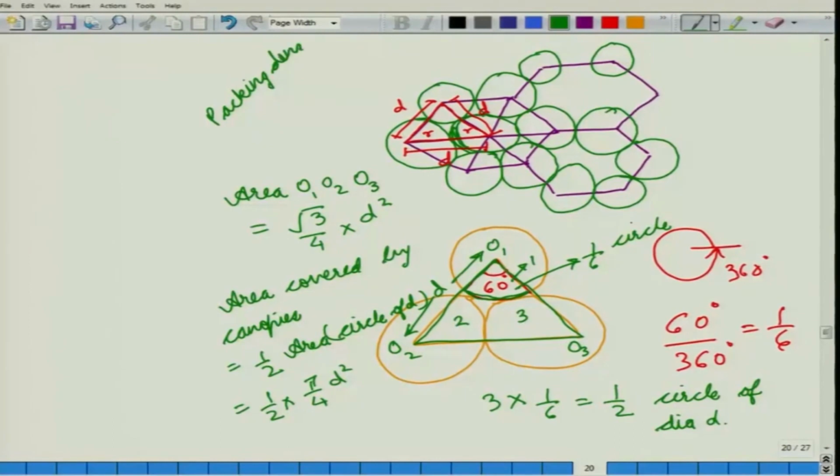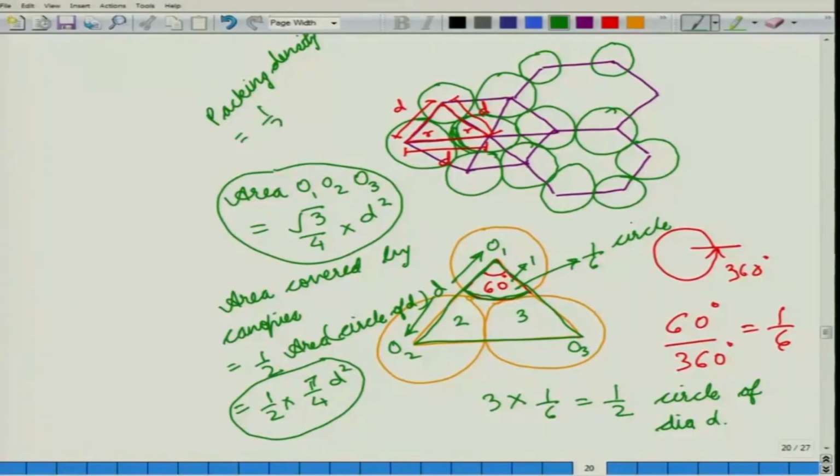Now, if you want to calculate the packing density, what will that be? So, packing density is this area divided by the area of the triangle. So, it becomes half into pi by 4 d square, whole divided by root 3 by 4 d square.